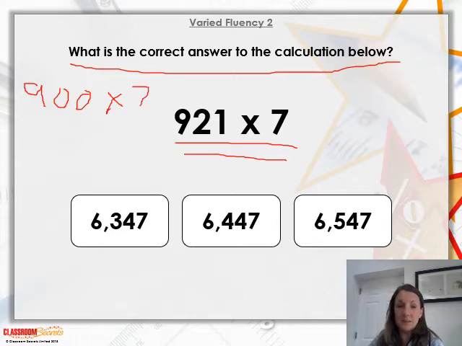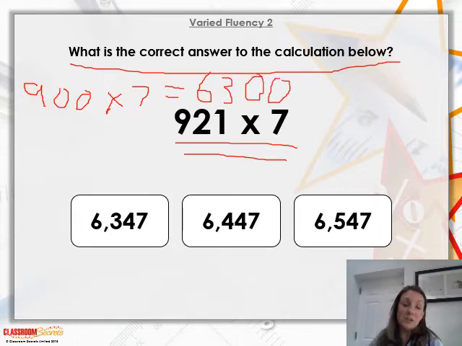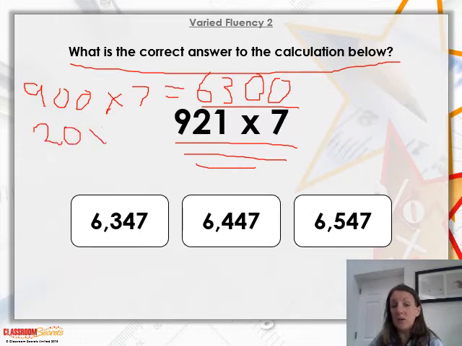let's just think about this first of all. I know that 900 times 7 is going to be 6,300, because I know that 9 times 7 is 63, and 63 made 100 times bigger is going to be 6,300. And then you can think, well, 20 times 7. Again, you know that 2 times 7 is 14.